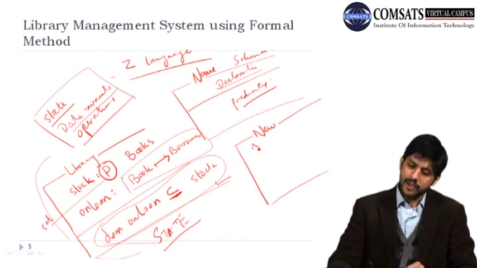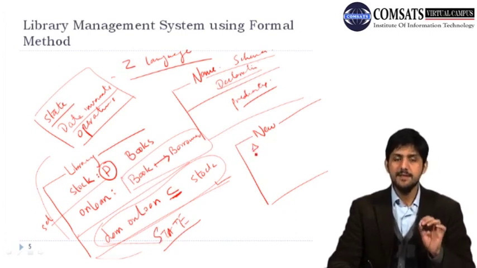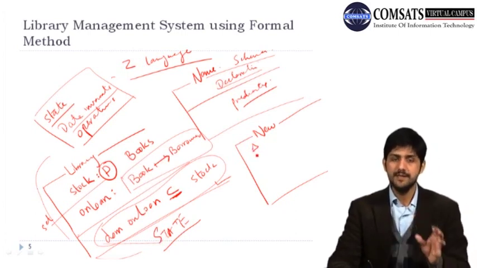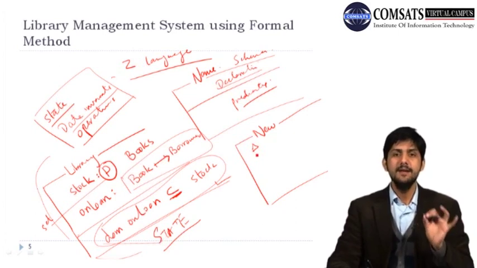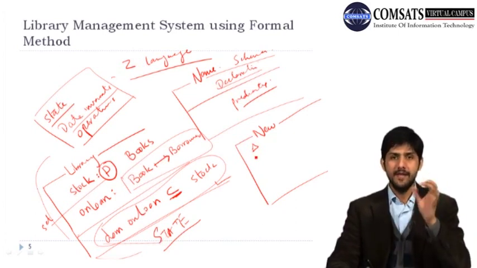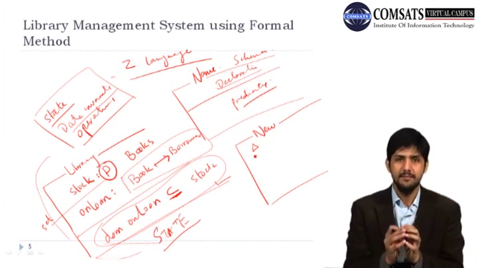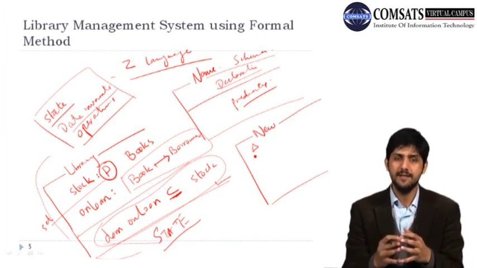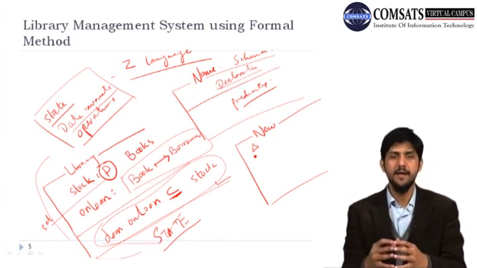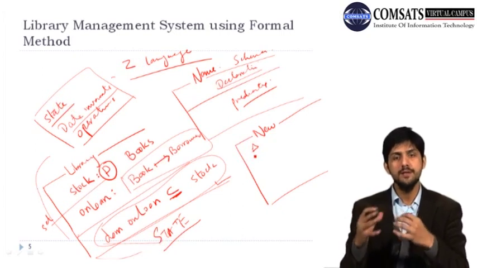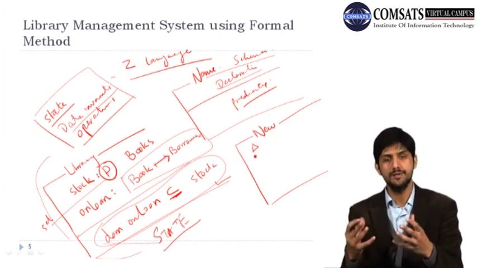And first of all, I would need to decide whether this operation is going to change the state of my system. And what is the state? State is the variables which define my system. So in our case, we have two sets, a set of stock of books, and then another set which models the books to the borrower, which is on-loan books.